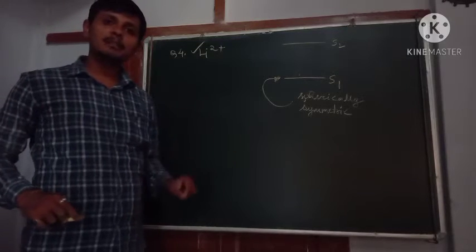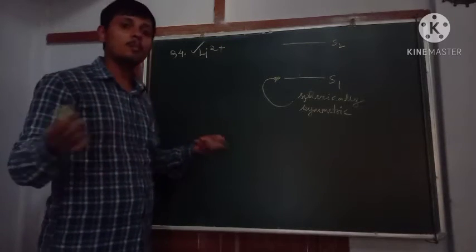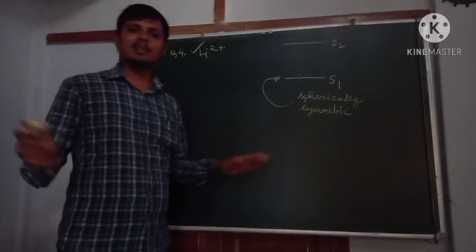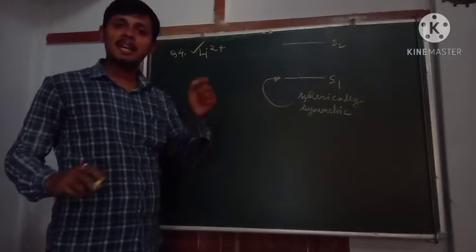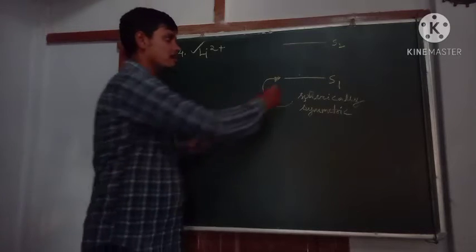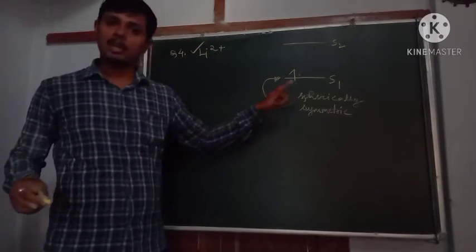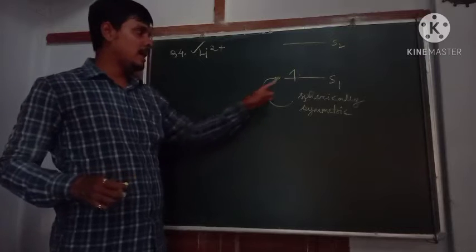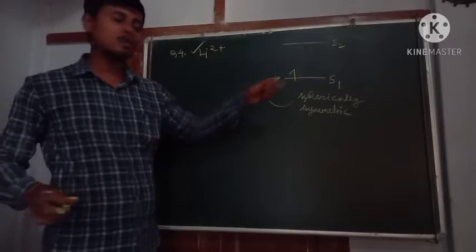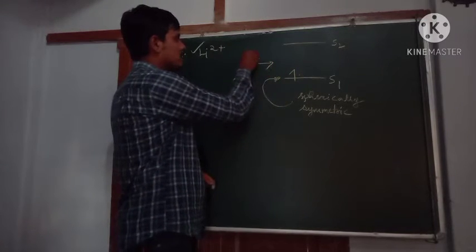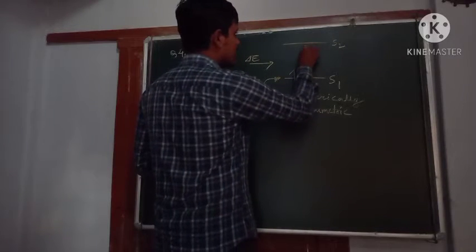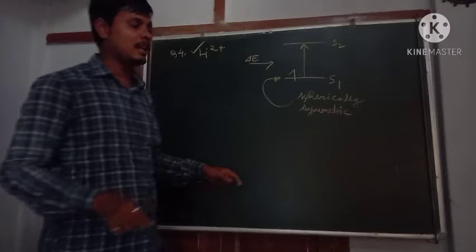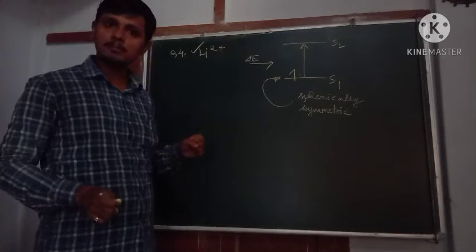Spherically symmetric state means orbit. So this S1 is an orbit which is spherically symmetric and the electron is present in this orbit. This electron absorbs energy and gets excited to the state S2.